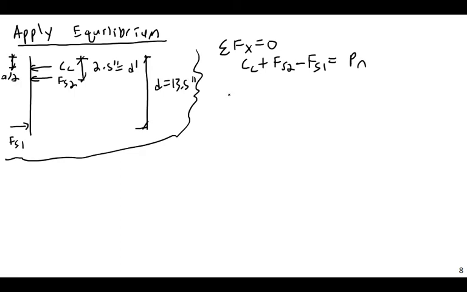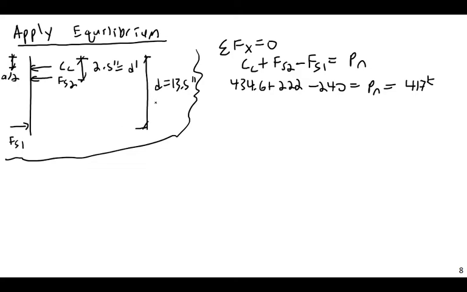So this is 434.6 plus 222 minus 240 equals P sub N, or 417 kips.